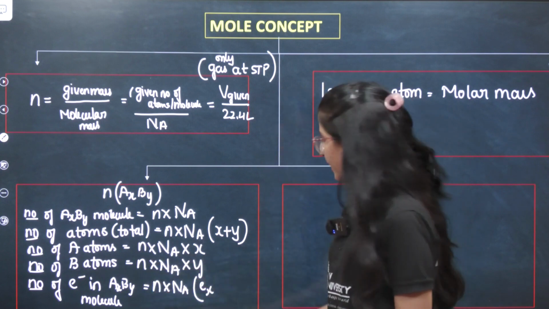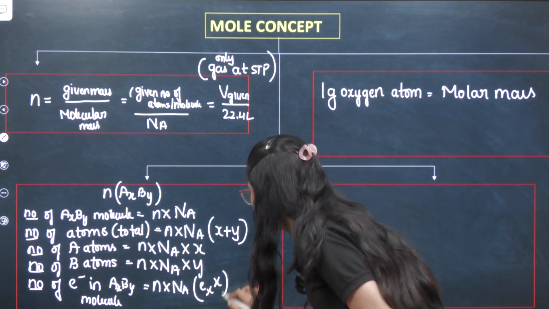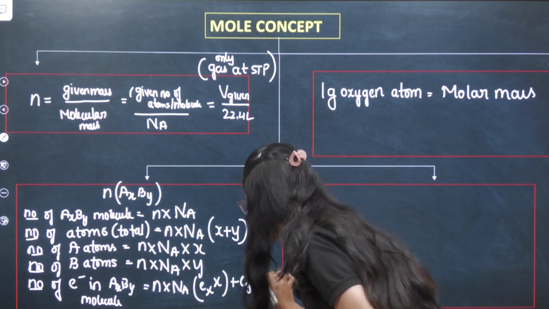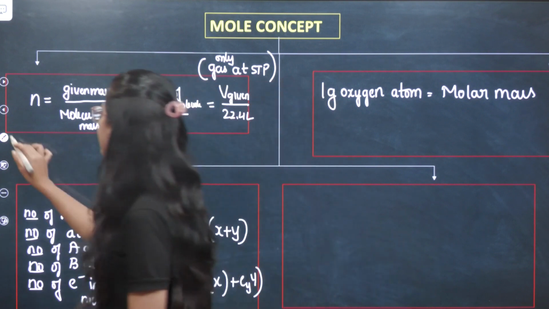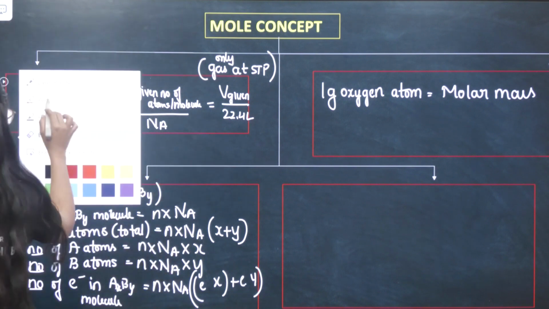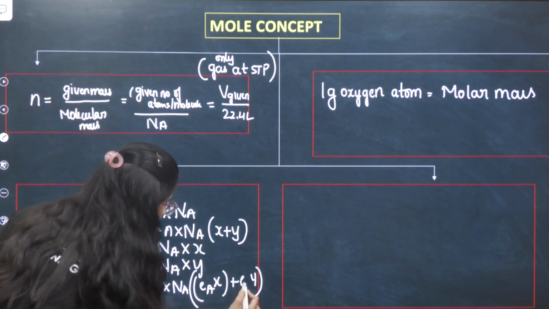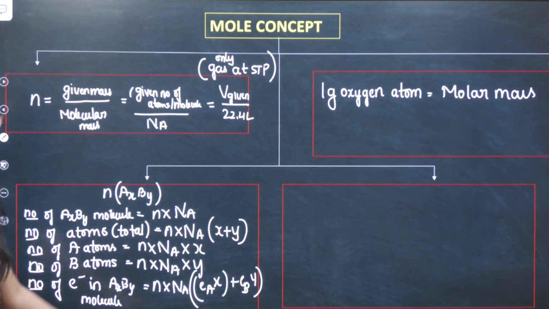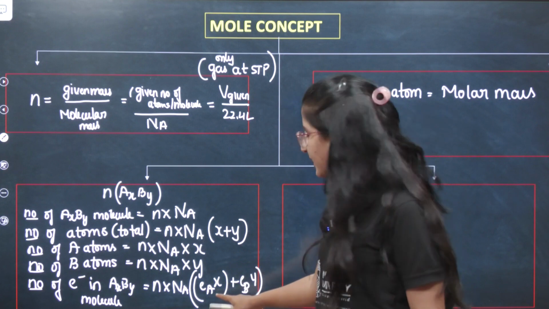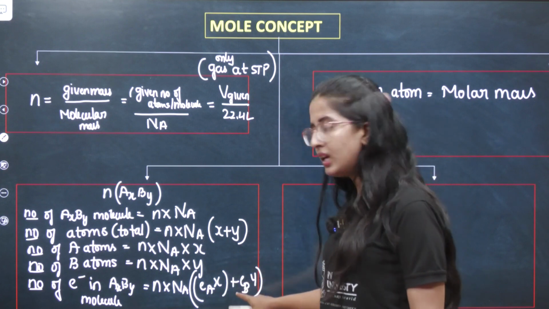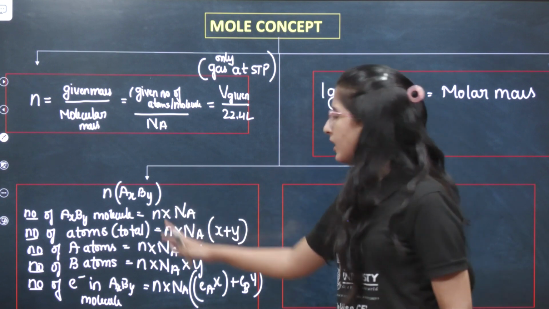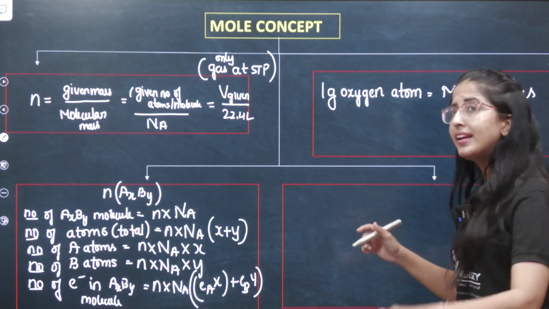Electrons of A into X plus electrons of B into Y will give you the total number of electrons. Electrons present in A multiplied by the number of A atoms, plus electrons present in B multiplied by the number of B atoms present in one molecule. Understood?